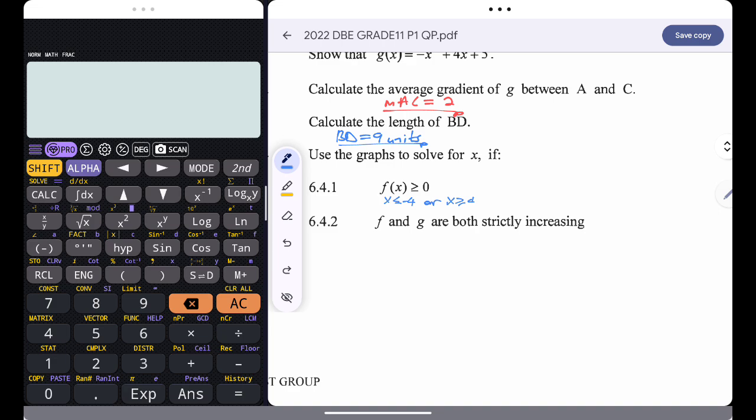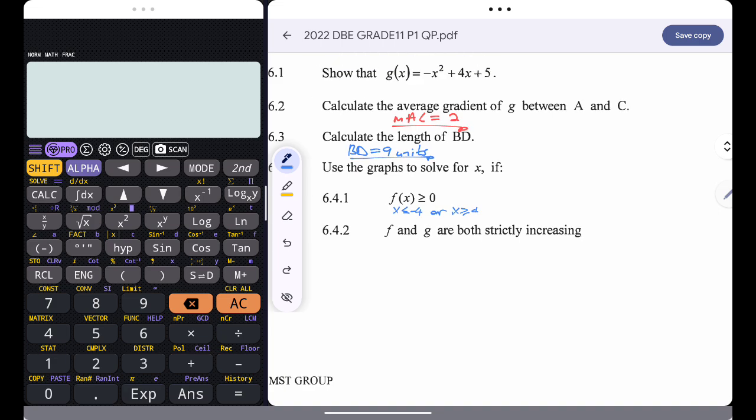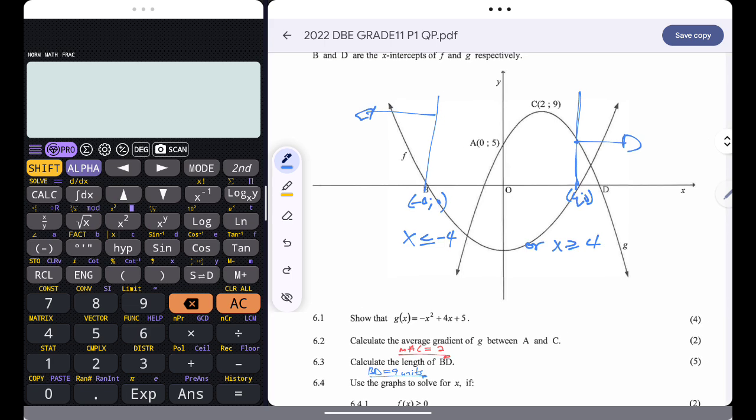Okay, and now I'm being asked to use the graphs to solve for x if both the graphs of f and g are strictly increasing simultaneously. The direction of the graph, guys, always changes at the turning point. Are you together?